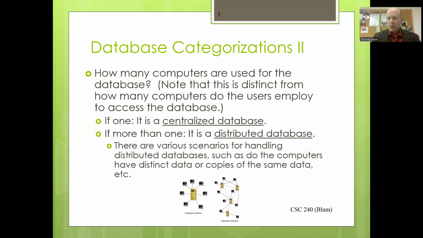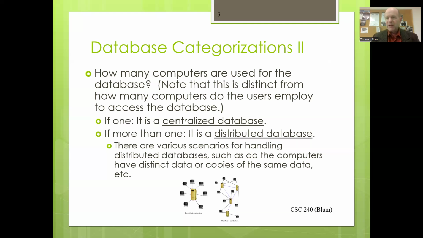It may be mainly on one computer, and maybe there's a copy of it somewhere, but all the data can be found in one place. That would be a centralized database, or it might be distributed, where it could be spread out over multiple computers.